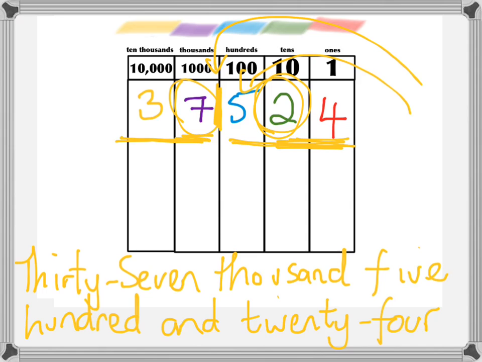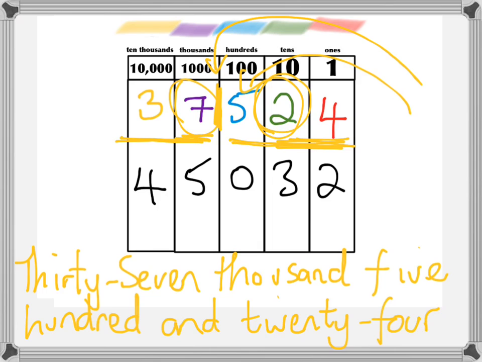So 37,000. The only time it goes a little bit different, and I'm just going to do this in black to go quickly, is if we have 45,000 and then we have a 0. So we've got no hundreds. You ignore them if you've got a 0. So 45,000 and let's say 32.